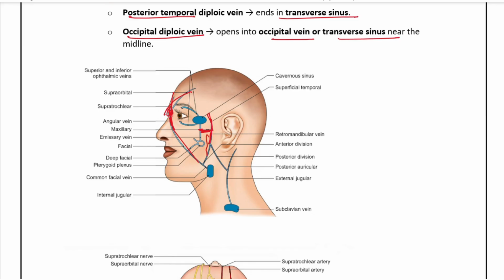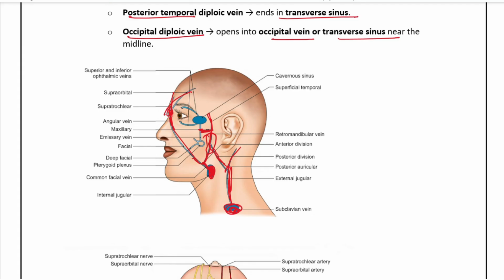This retromandibular vein inside the parotid gland will divide into the anterior division and the posterior division. The anterior division will join with the facial vein to form the common facial vein, and it drains into the internal jugular vein. The posterior division of the retromandibular vein will join with the posterior auricular vein to form the external jugular vein, and it drains into the subclavian vein.